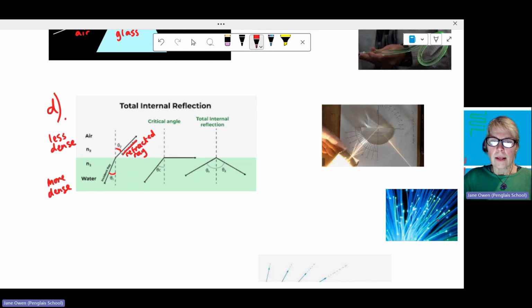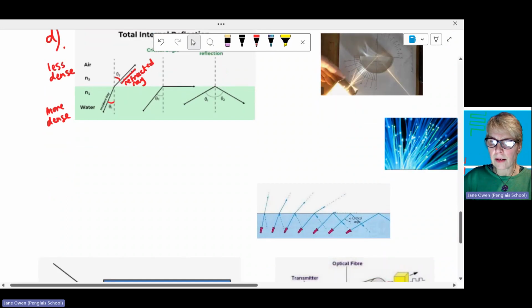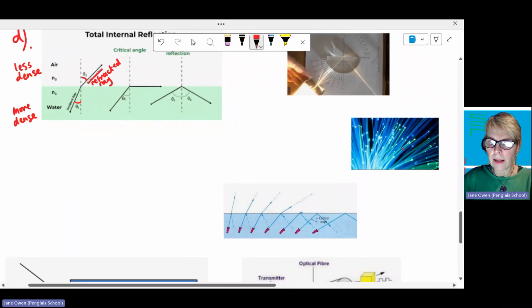Okay, now there is a point though, when you shine, say for example down here, you're shining a torch and it's refracted out. A tiny little bit is internally reflected. Now we're going to move the torch to the side so that we change the angle that it's incident onto this point here. It's still refraction, still going to bend away from the normal.